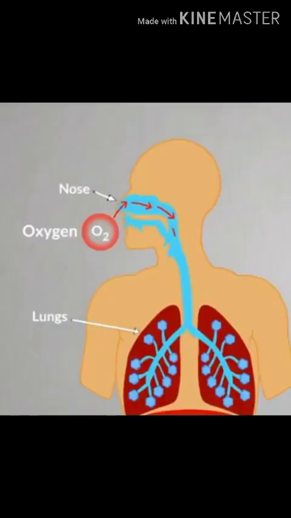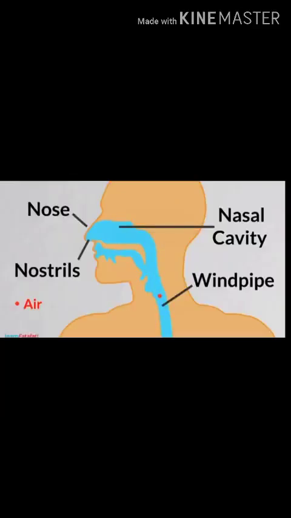Children, the air around us is impure, but our lungs require air which is moist, warm and clean. The air should go into the lungs moist, warm and clean. So as the air we breathe in passes through the nostrils, it is moistened by the slimy mucus present in the nose.